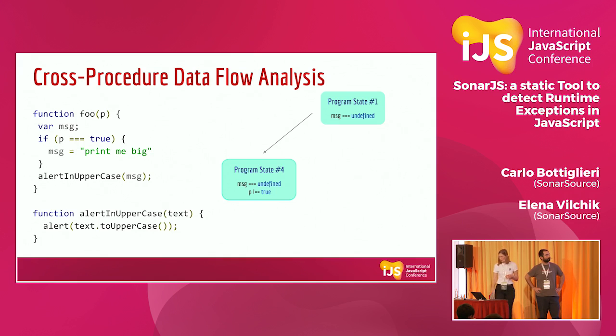At the point when you arrive here with the program state message equal undefined, you cannot say anything because it's not criminal to pass undefined as an argument. But you can go deeper and pass this program state, transform it so that you match the arguments to parameters, and you say, okay, text is undefined in this case.